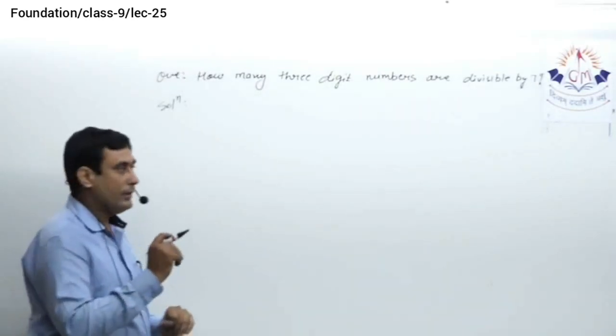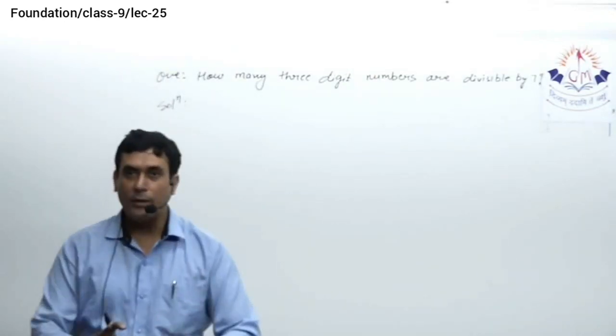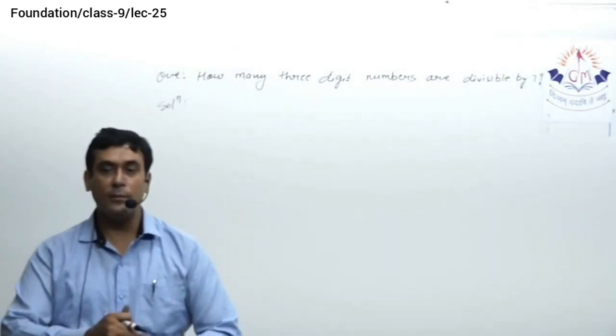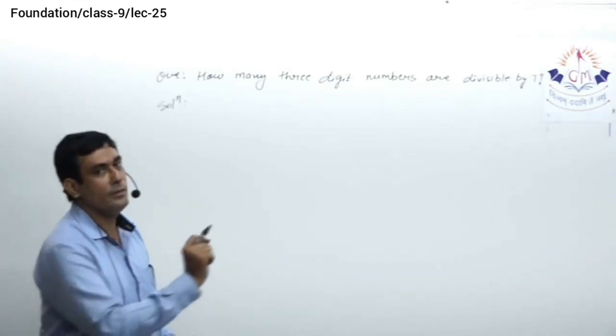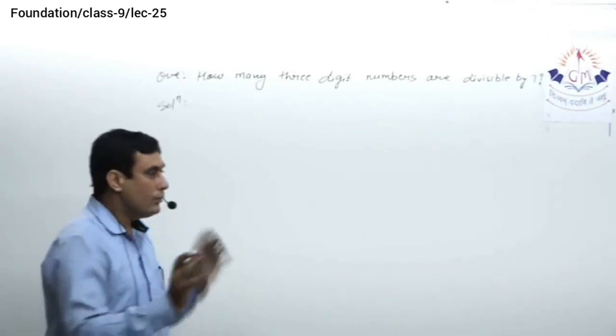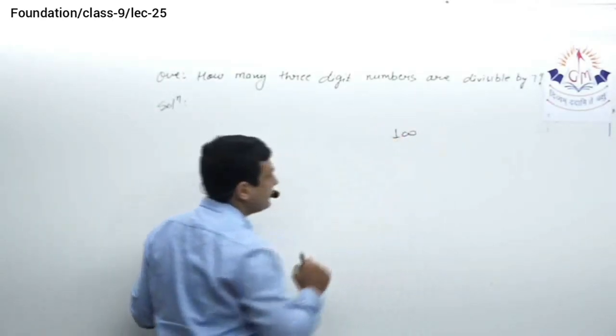But there is another way. What is the first 3-digit number, whether it is divisible by 7 or not? The first 3-digit number is 100.